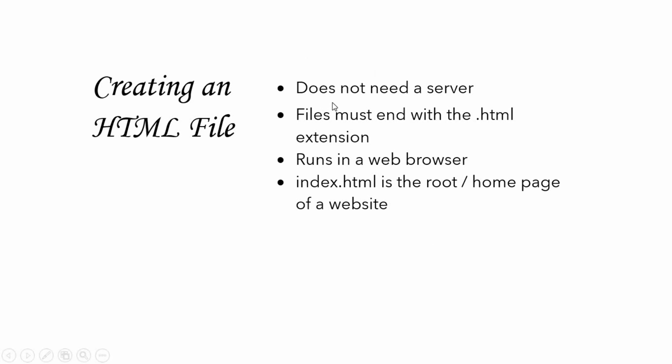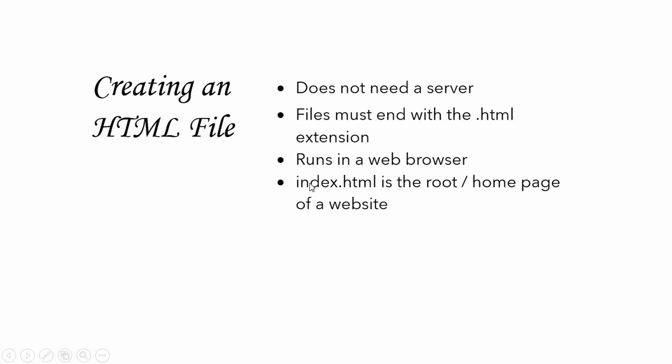Okay, so now we need to create an HTML file. In the previous lessons we learned about extensions, and our HTML file will end with .html as its extension. This will run in the web browser. The web browser will recognize this as a web page and display it.